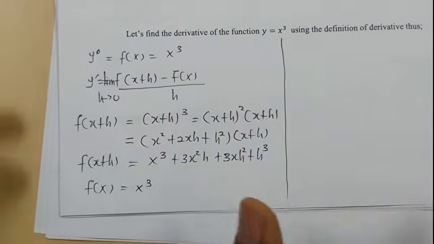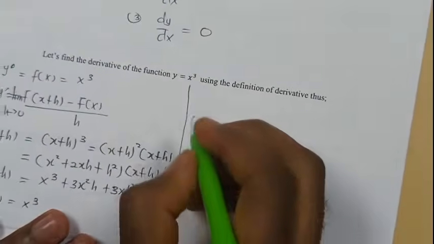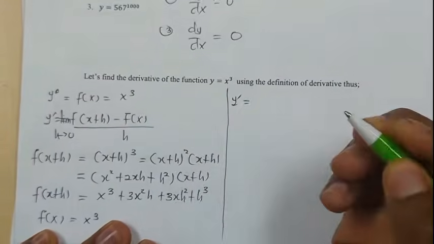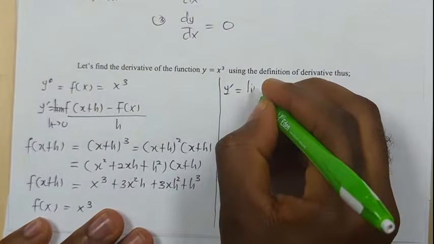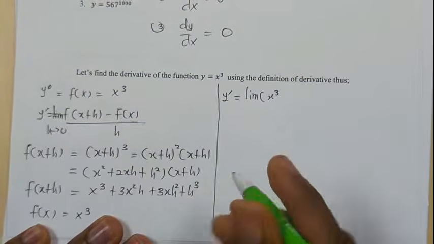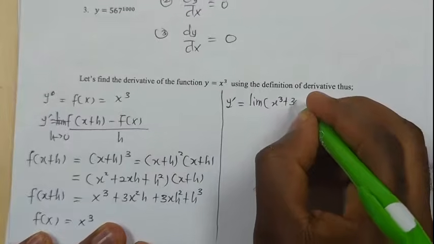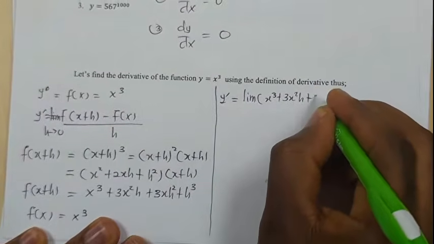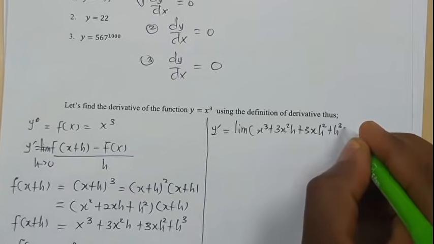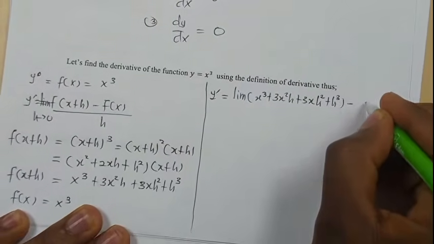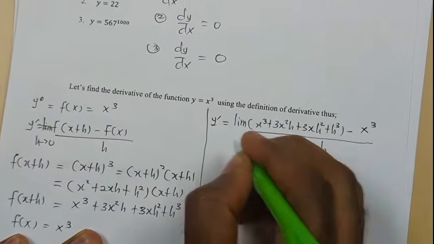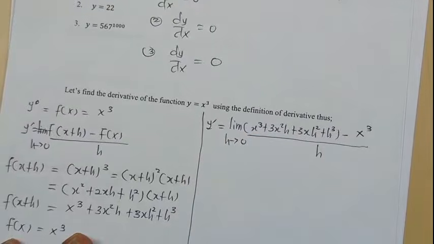So let's substitute that into our derivative function. Then we can say our y prime, or the differential of y, will be equal to the limit of x cubed plus 3x squared h plus 3xh squared plus h cubed, then minus x cubed, all over h as h approaches 0.